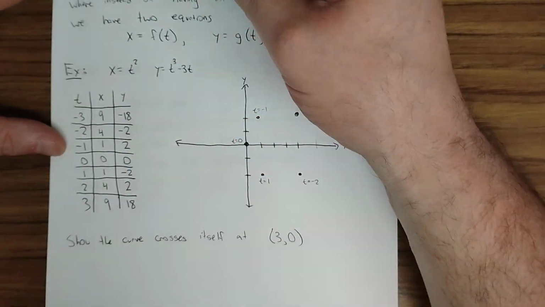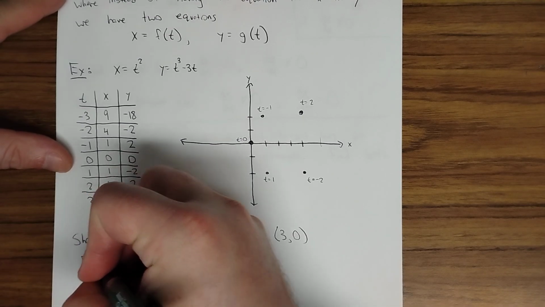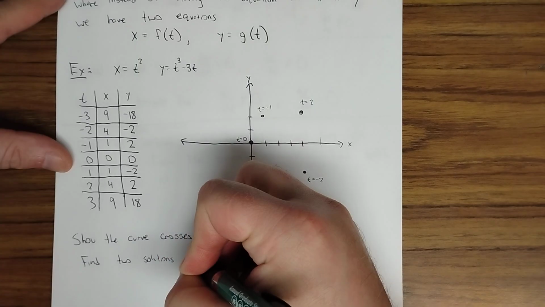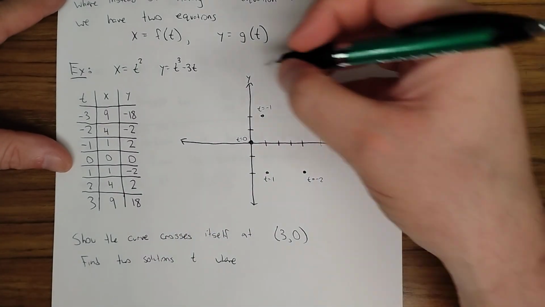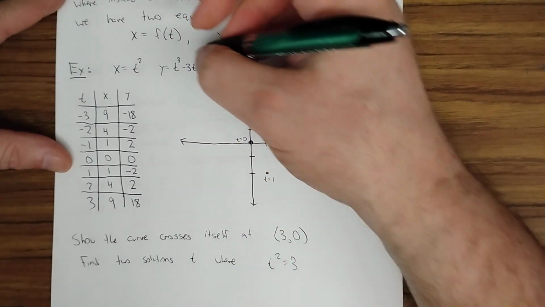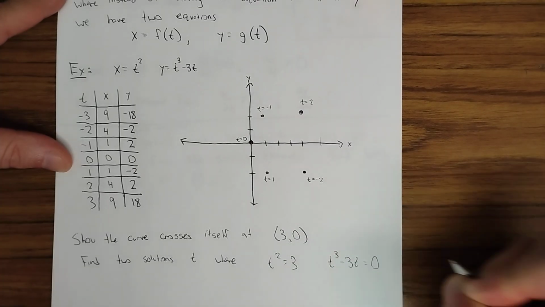And it's not so hard. I'm going to find two solutions t where t squared equals 3 and t cubed minus 3t equals 0.